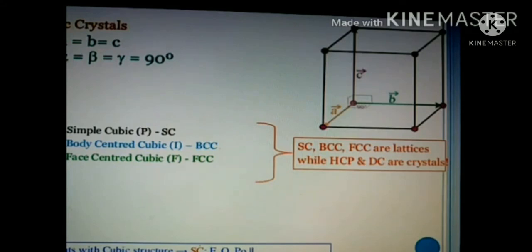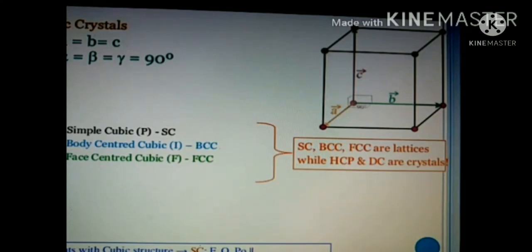Here A, B, C are the axes, and the angles between them are 90 degrees. These are simple cubic, body center cubic, and face center cubic crystal structures.